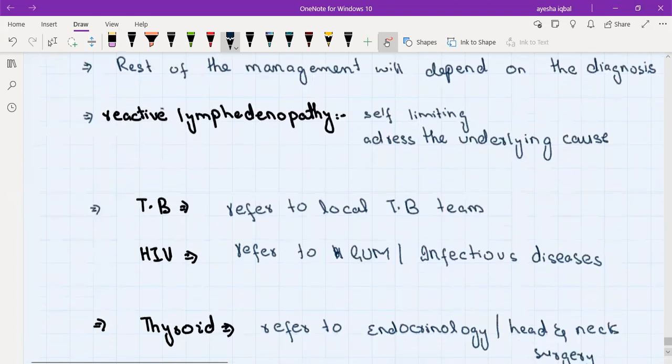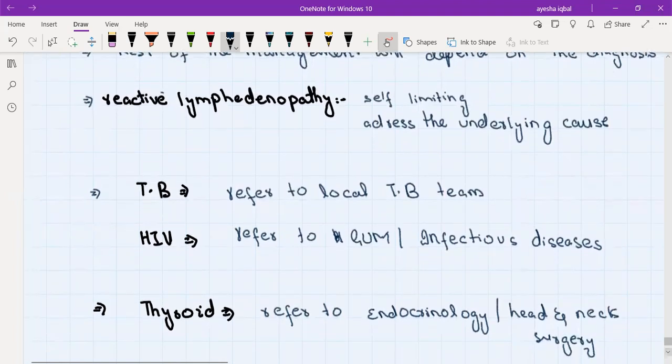If you think that this patient is having tuberculosis, then you're going to explain to the patient that you are going to refer him to the local TB team, and the local TB team includes doctors and nurses, and they might need to isolate him for the first week or so, and they will give him medications, antibiotics that are specifically targeted against the TB organism. Then you are going to explain the tuberculosis regime. We have 4 antibiotics for the first 2 months, and then 2 antibiotics for the next 4 months.